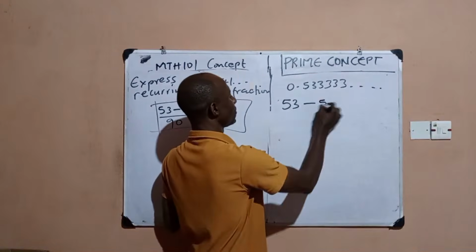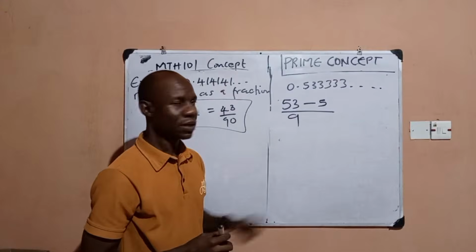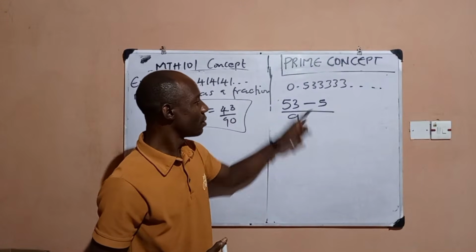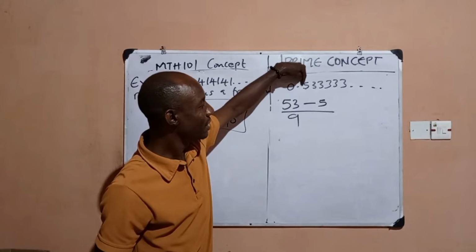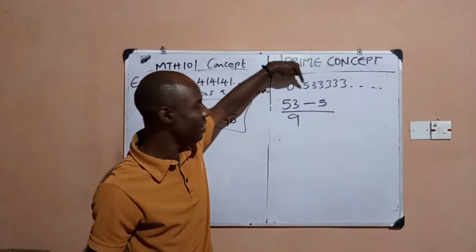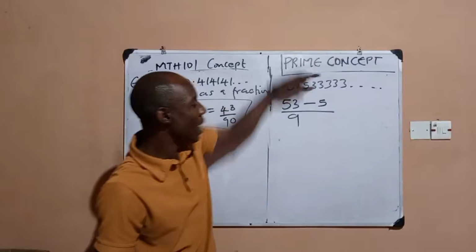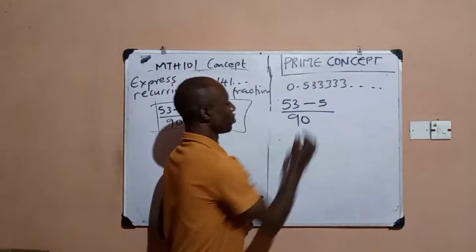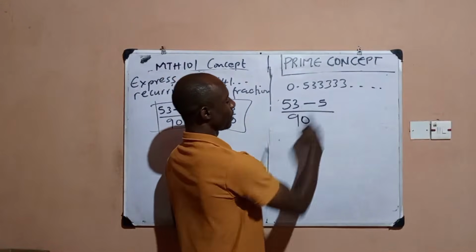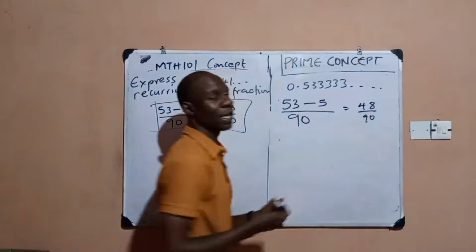So you are removing 5 divided by, it will always be 9. Then you determine how many zeros you have. Because I have one number that is not recurring after the decimal point, I'll put only one 0 here. So 53 minus 5 gives me 48 divided by 90. That is how I got this.